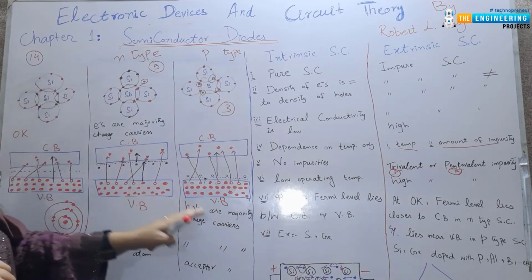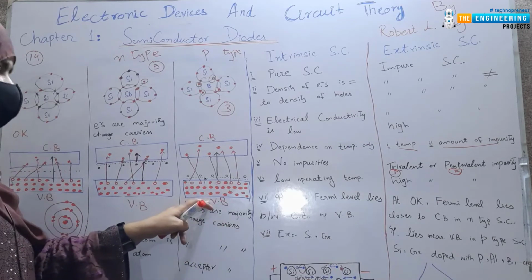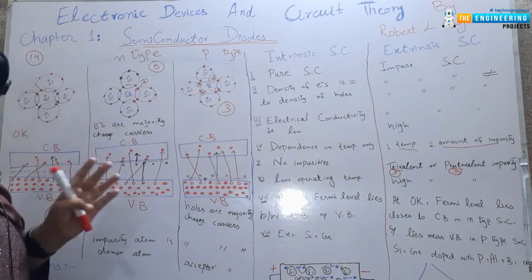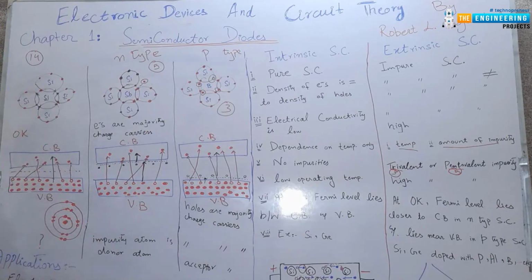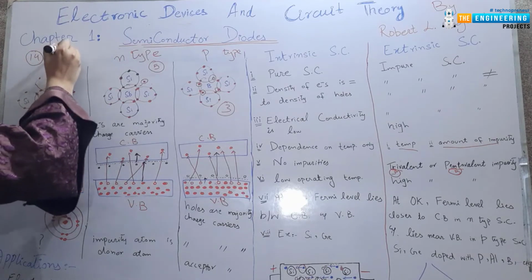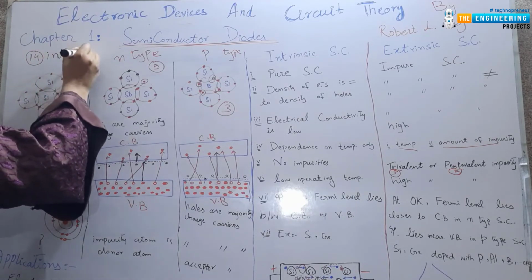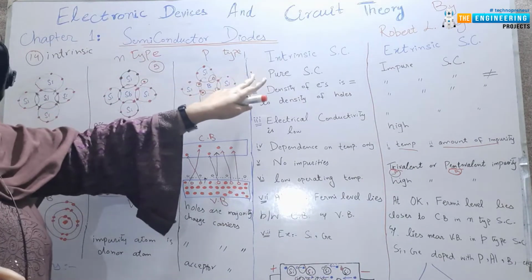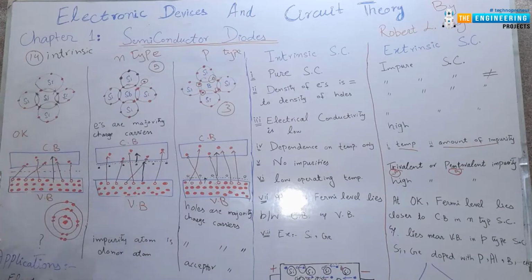In p-type material, holes are the majority charge carriers in the valence band, and in the conduction band electrons are the minority charge carriers. Here you can see this column is for intrinsic, and in the intrinsic case no impurity is added, it is pure, so this column will be left blank.